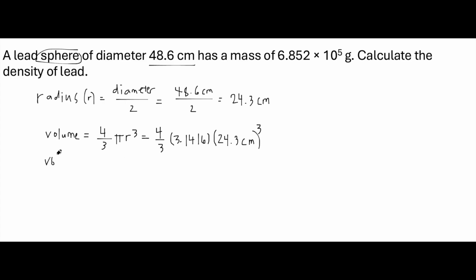So if you solve this in your calculator, so 4/3 times 3.1416 times the cube of 24.3, you will get approximately 60,104.7 cubic centimeters.